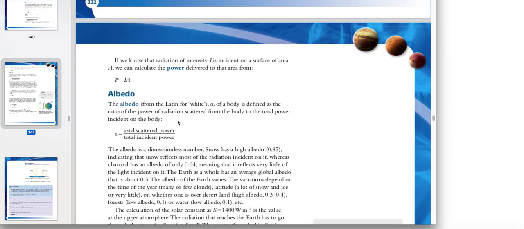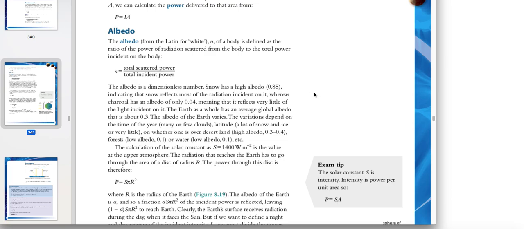Okay, next point, write albedo. What albedo is, you also have in the same topic in your data booklet, yes? Albedo tells us the ratio between scattered power and incident power. So let's look. If you have an object, it can be atmosphere, it can be a real object, it can be water, doesn't matter. If radiation falls on this object, write this intensity as incoming, incident.